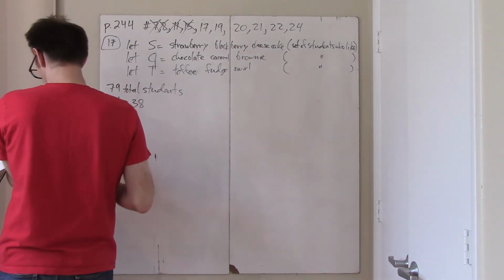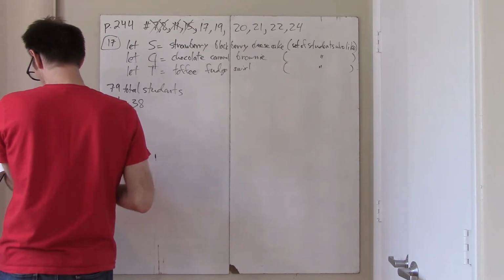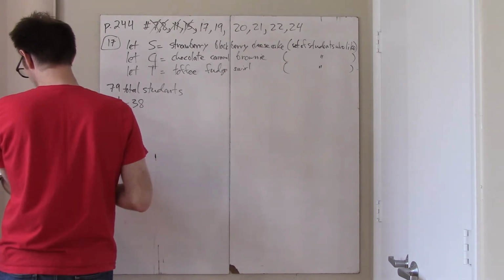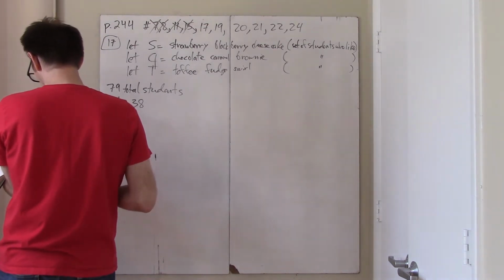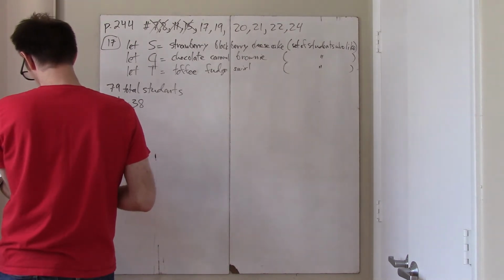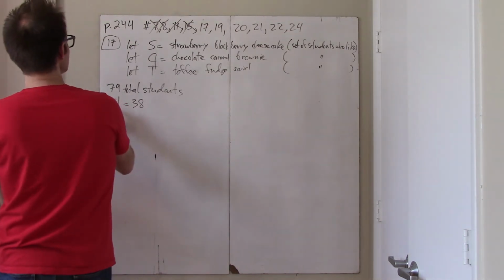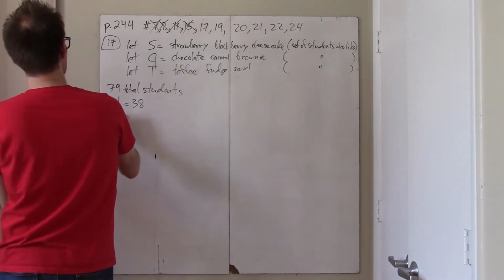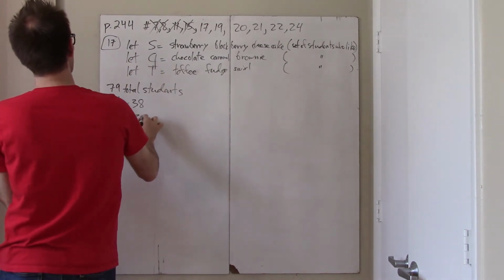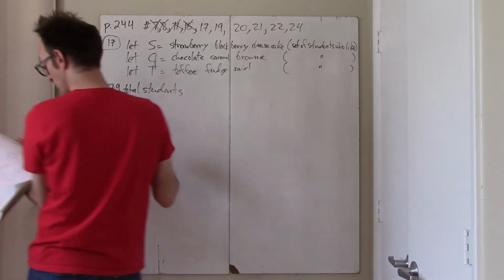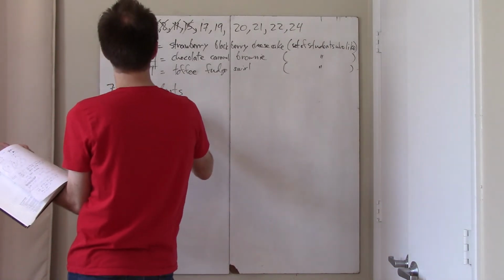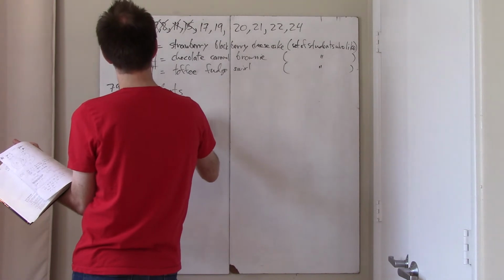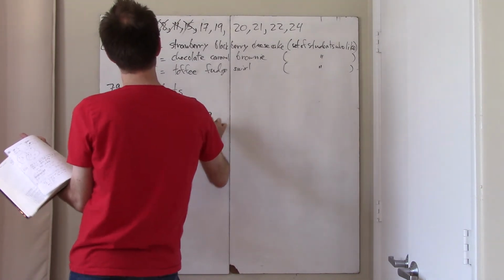Next fact. 20 students report disliking chocolate caramel brownie. Okay, so if 20 dislike chocolate caramel brownie, then the size of the complement of C is 20, which I will just translate into, therefore, 59 must actually like chocolate caramel brownie.